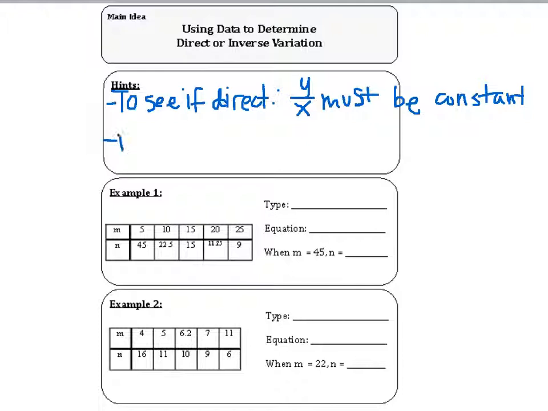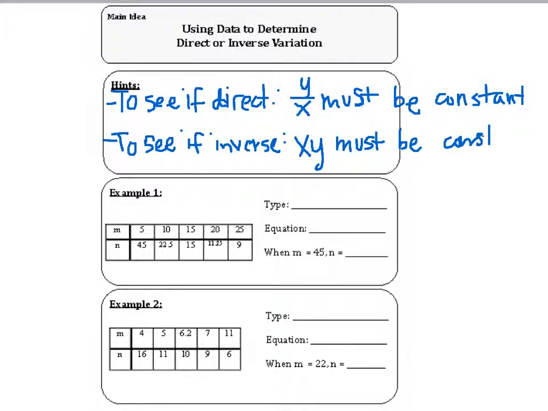To see if it's inverse, xy must be constant. Okay, so to see if it's an inverse relationship, x, y, when you multiply them, you have to get a constant number.